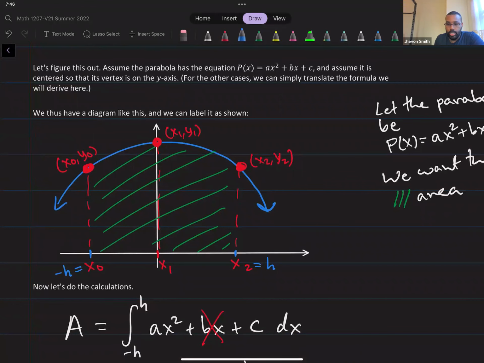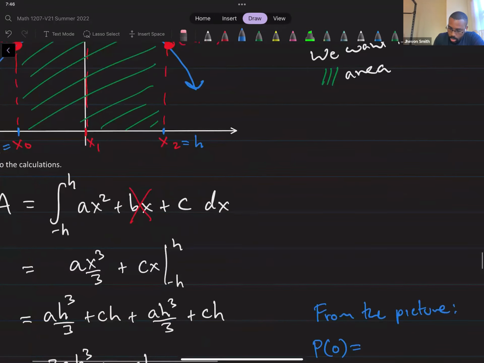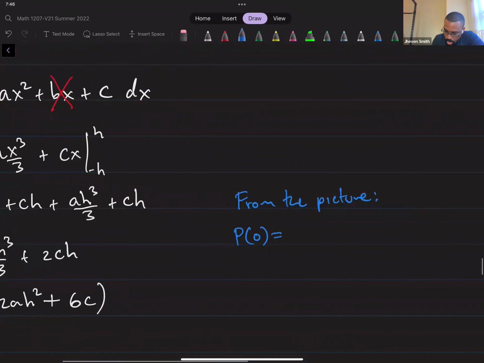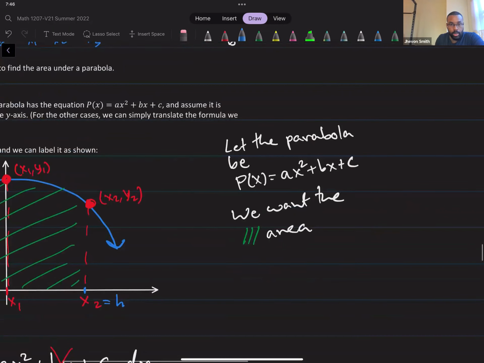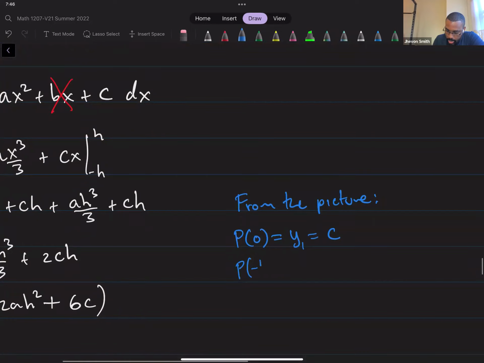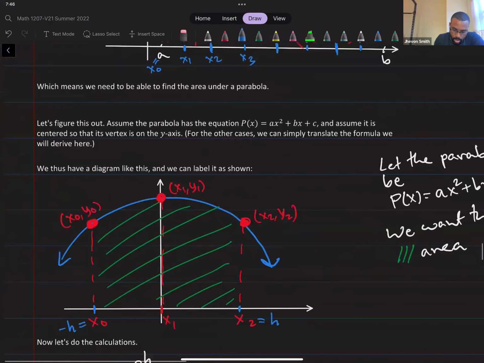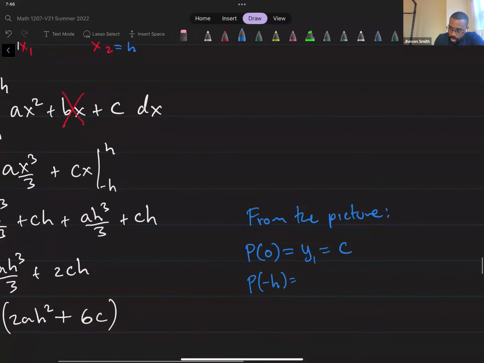That's just going to be our y1, which of course is c here, because this is also my parabola. So if I plug in x equals 0, I just get c. So my c is equal to y1. I also know that the parabola at minus h, that's going to be y0.